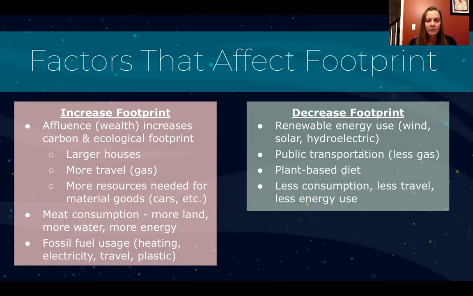If you can't use public transportation, carpooling, anything that we can do to decrease the use of single use vehicles. Switching towards a more plant-based diet will also decrease the footprint, again, because meat is such a significant contributor to both land use and carbon dioxide production. And just in general, less consumption, less travel, less energy use.